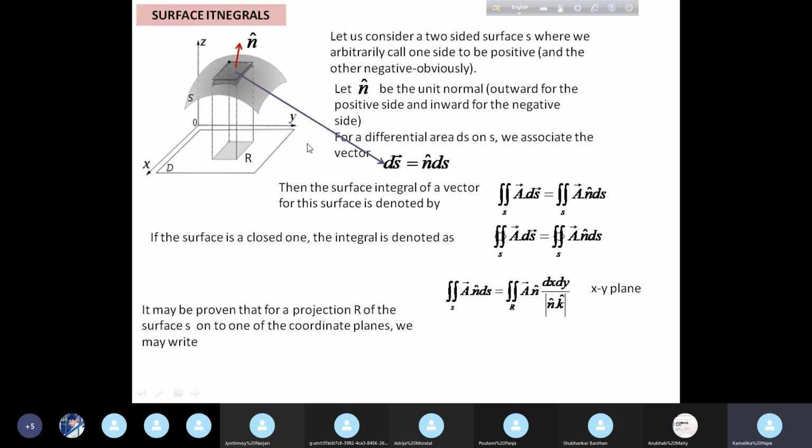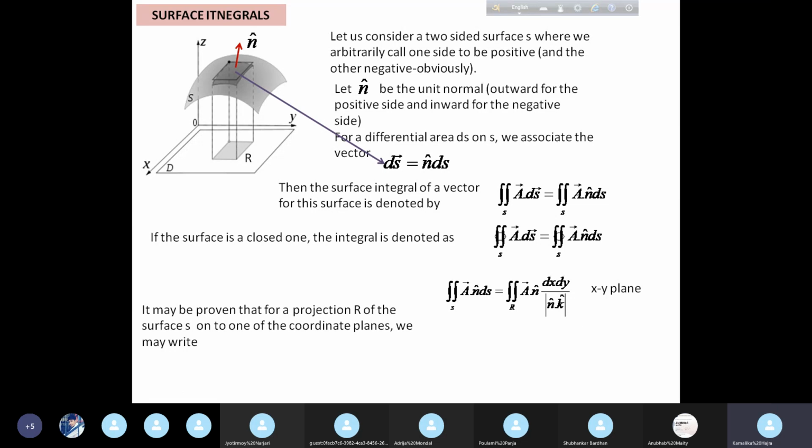So depending on where you are putting your source of light, a shadow will be formed either on the xy plane or the xz plane or the yz plane. Okay, and it can be proven that a formula like this can be written down depending on which plane you are taking the projection on.